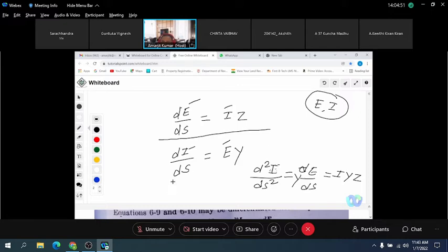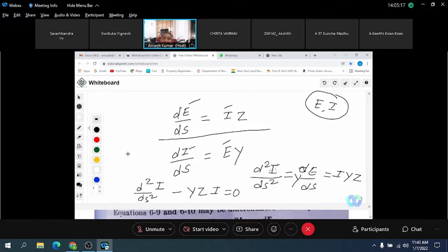Okay, so now this coupling you have removed, because it is in terms of current only. Second order differential equation: d square I by ds square minus YZ I is equal to 0.